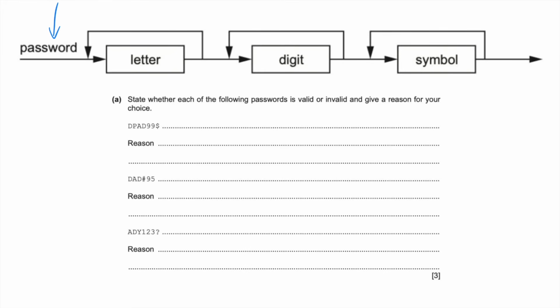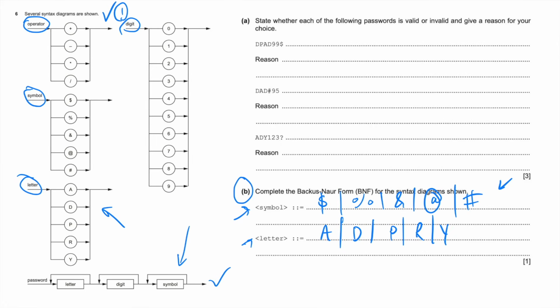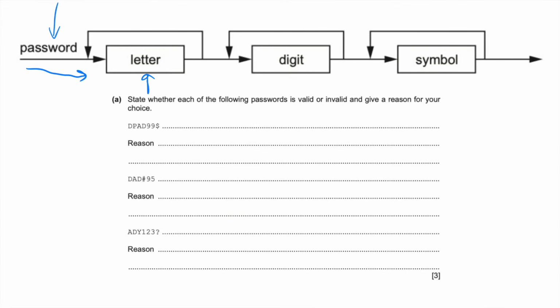But more specifically, we could input a password and then check whether it follows these rules. So if we input a password, first we need to have a letter. That's our first type of thing. And this letter, digit, and symbol, these words, correspond to our syntax diagrams right here. So we need to have a letter that fits the letter syntax diagram, then a digit that's one of those 10 digits, and then a symbol that's one of those 5 symbols.